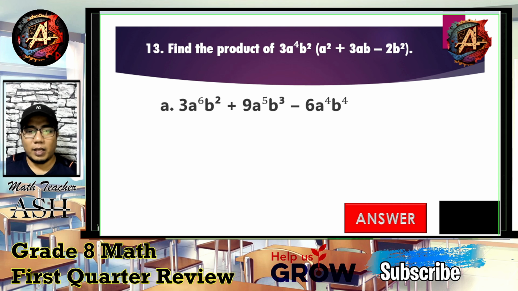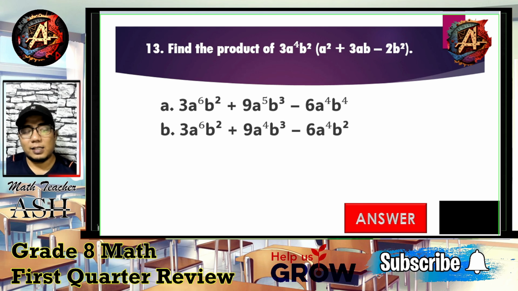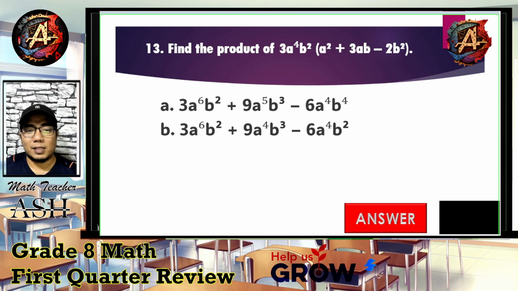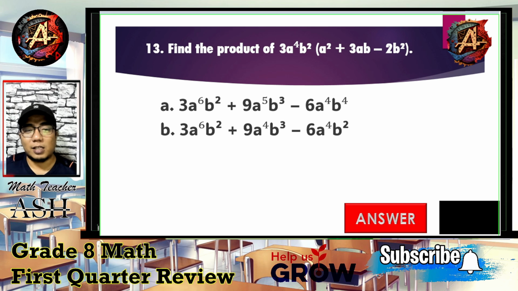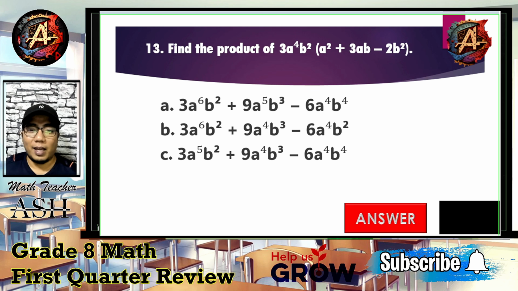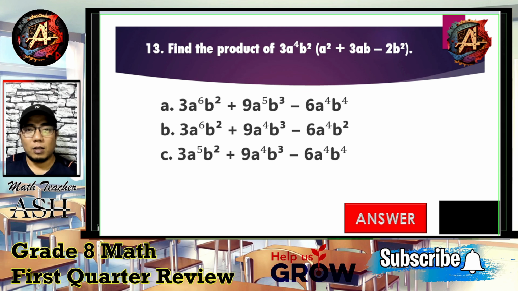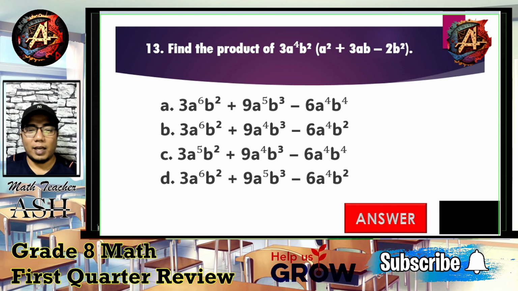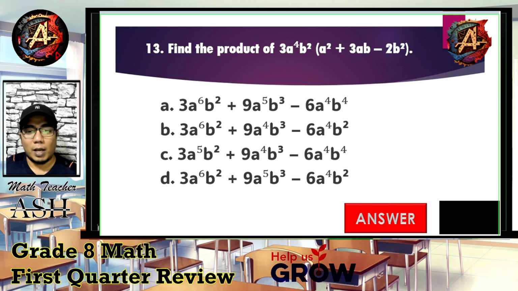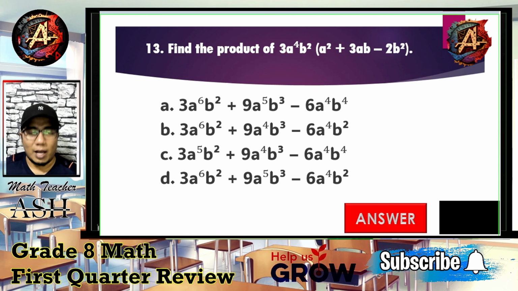Is it A, 3a to the power of 6b squared plus 9a to the power of 5b cubed minus 6a to the 4th b to the 4th, B, 3a to the 6b squared plus 9a to the 4th b cubed minus 6a to the 4th b squared, C, 3a to the 5th power b squared plus 9a to the 4th power b cubed minus 6a to the 4th power b to the 4th power, or letter D, 3a to the power of 6 b squared plus 9a to the power of 5 b cubed minus 6a to the power of 4 b squared. I'll give you 5 seconds to think about your answer.